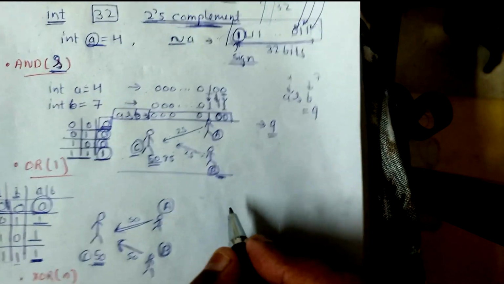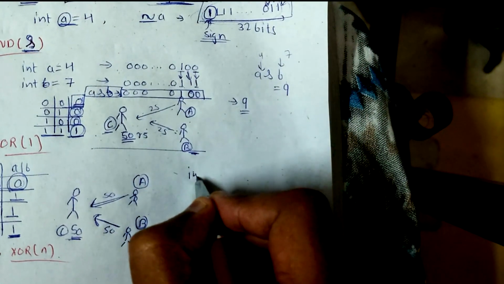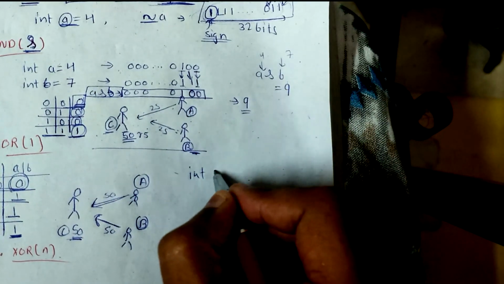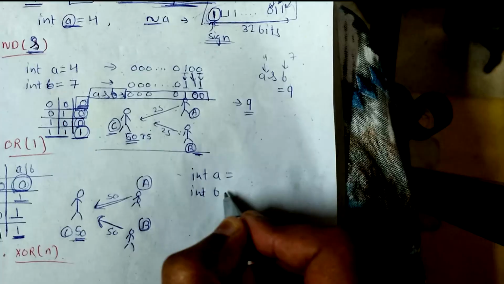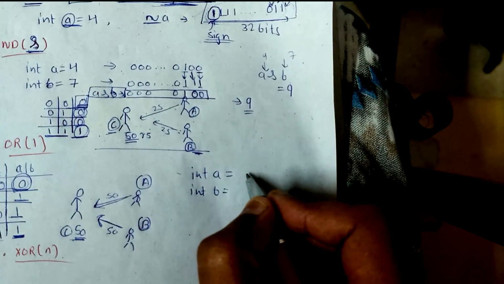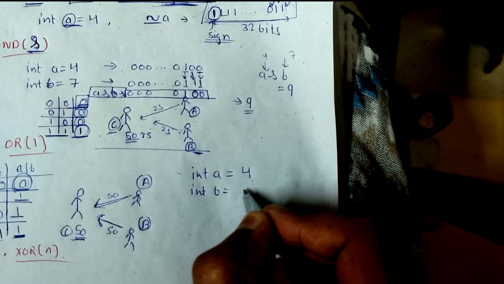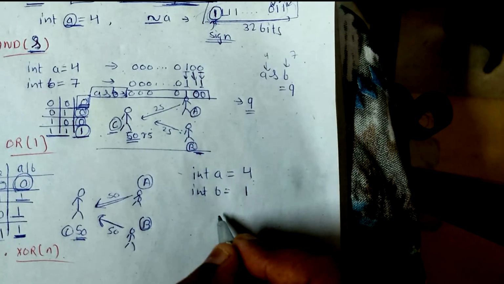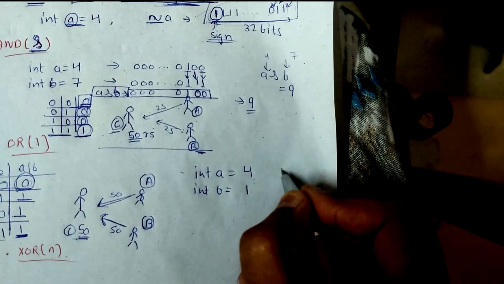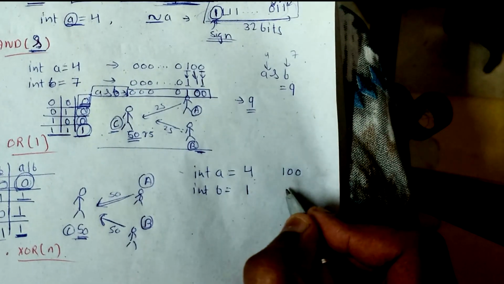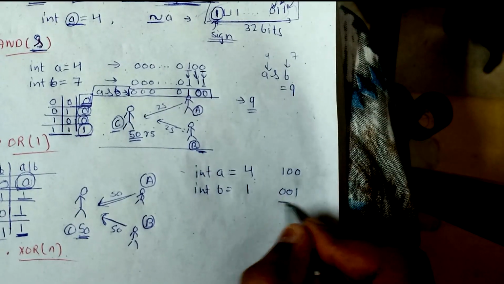Okay, so let's take a decimal example. Again, we can take a similar example. Let's say A and B. So let's take A as 4 and B as 1. So A would be 100 and B would be 001.